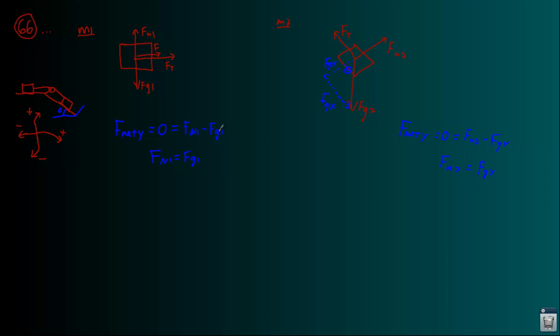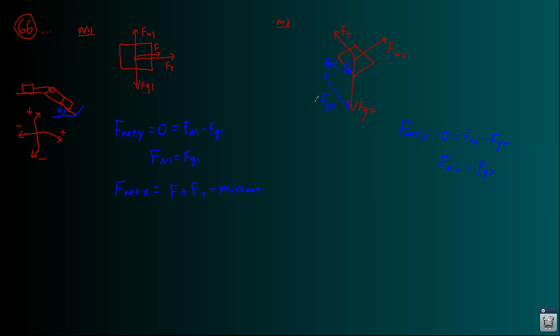Alright, what about x for this one? F net x equals, well, in this one, all the x forces are going in the same positive direction, according to this diagram. And so we're just going to go F plus Ft, which also equals M1 A net.